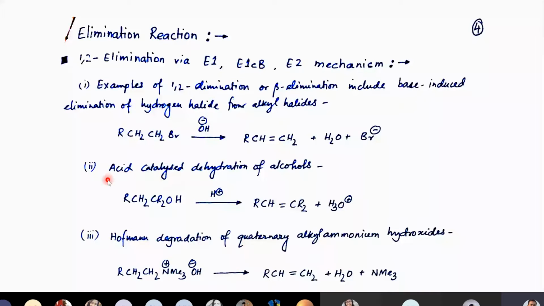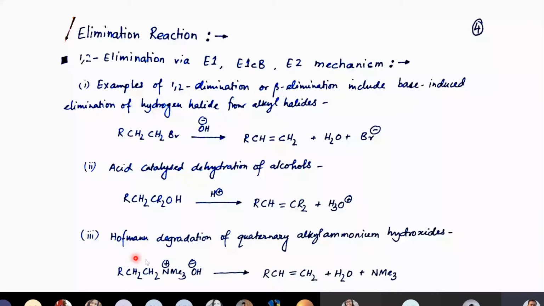Second example could be the acid-catalyzed dehydration of alcohols. In this case also, this is your alpha carbon, this is your beta carbon. If you have an acid source, it forms OH2 plus, and then you have a water and H plus elimination, so you get this alkene again.